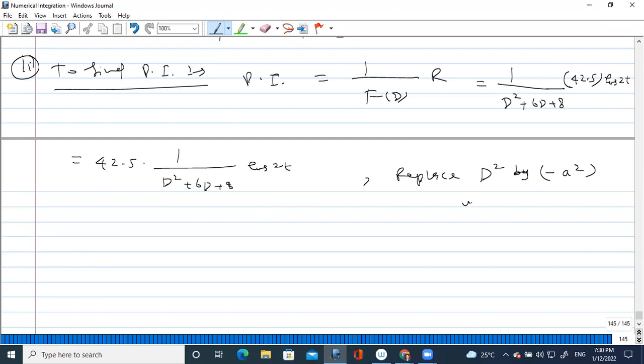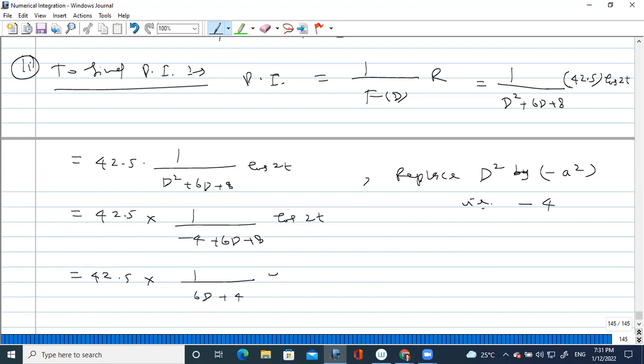Here a is 2, so minus 4 you have to write in place of D square. Then it will be 42.5 into 1 by minus 4 plus 6D plus 8 on cos 2t. Again 8 minus 4 is 4, so it will become 42.5 into 1 upon 6D plus 4 on cos 2t. Now what to do next?